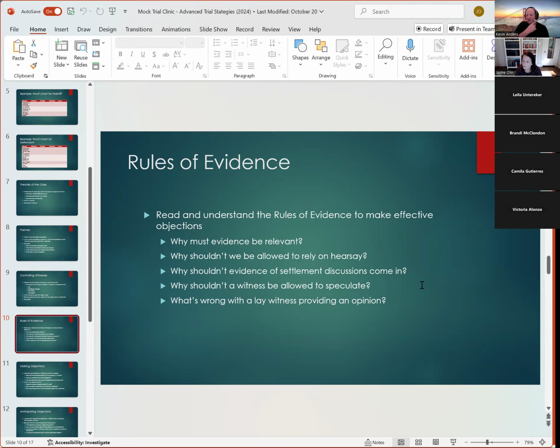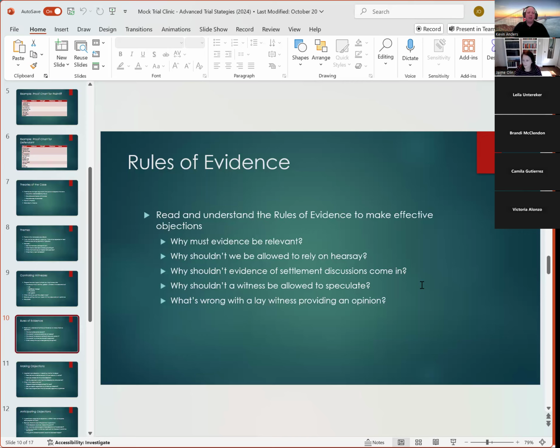So Victoria said that for the cafe, it can make them look guilty for trying to settle, and for Jess, it can make it seem like she doesn't need the $10,000. So that is essentially correct. So basically, at trial, your job is to make sure that the evidence that you submit to the jury for their consideration is relevant and accurate.